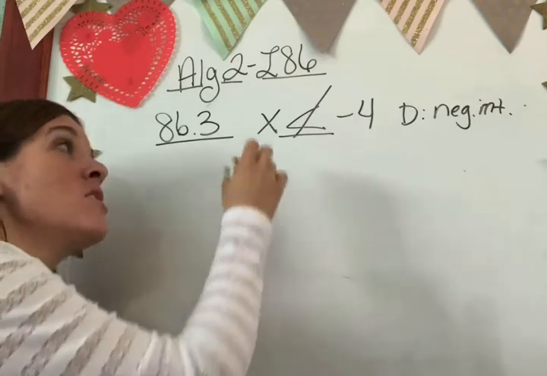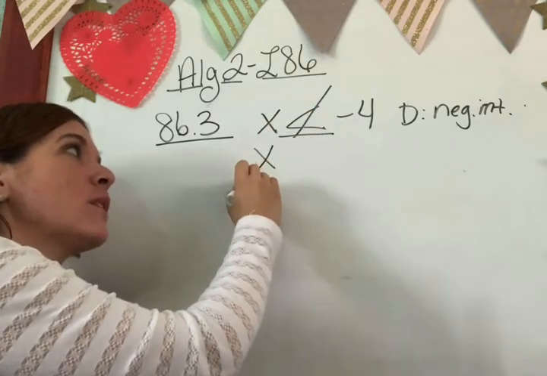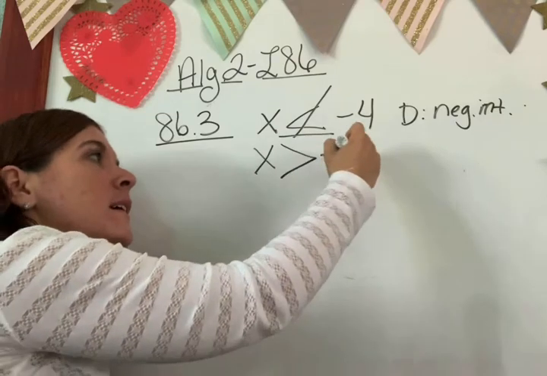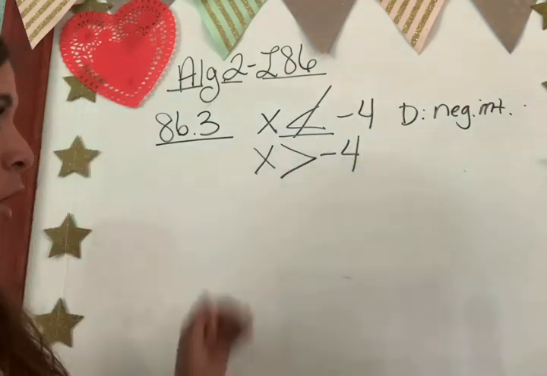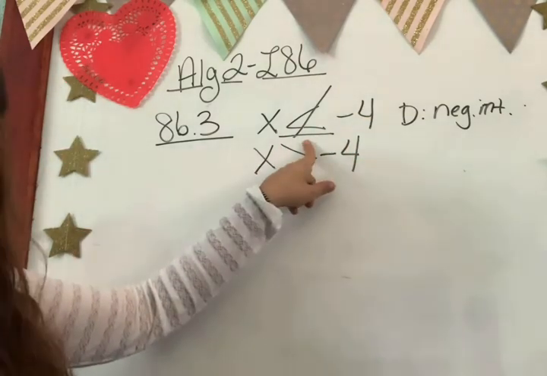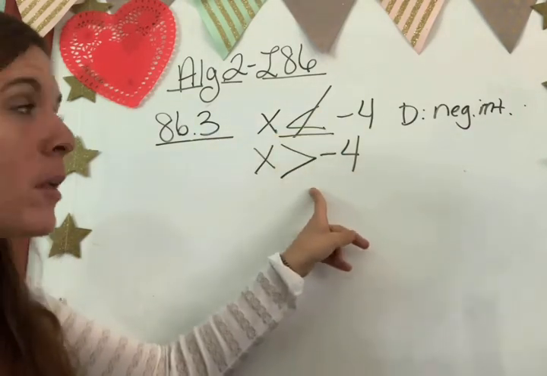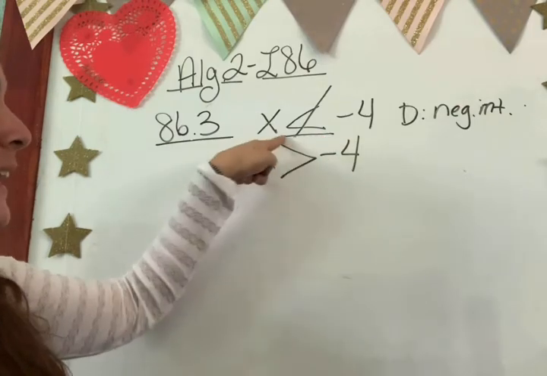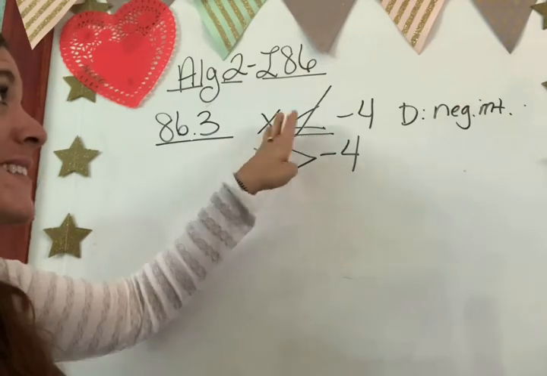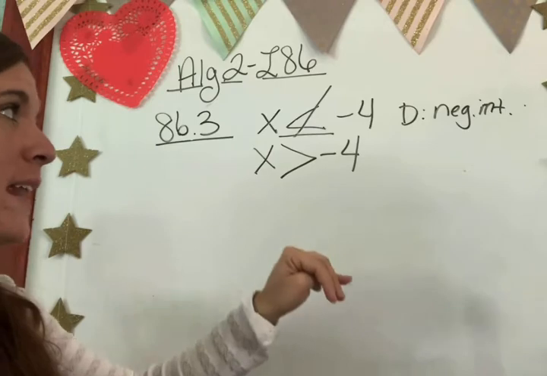Well, guys, if it's not less than or equal to -4, it has to be greater than -4. That's the opposite, okay? You flip it around and take off that equal sign because if it's not equal here, it's not going to be equal when you flip it either. So if it's not less than or equal to, it has to be greater than -4.